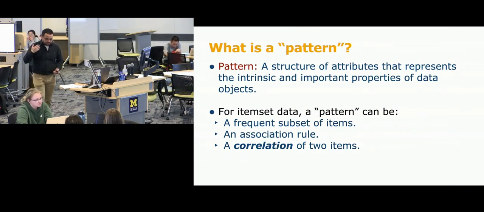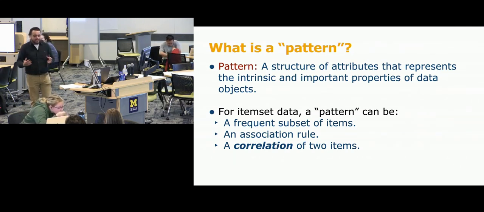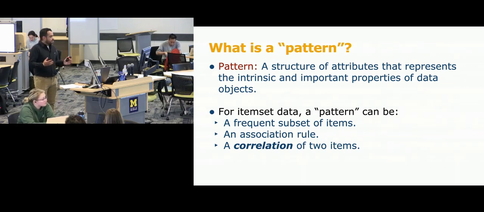As was just mentioned, an item set is a collection of items. It's an unordered collection of items. We do not care about which item you put into your grocery cart first. We just care about whether it's there or not. So it's like a binary thing. Either that item is there or it's not.